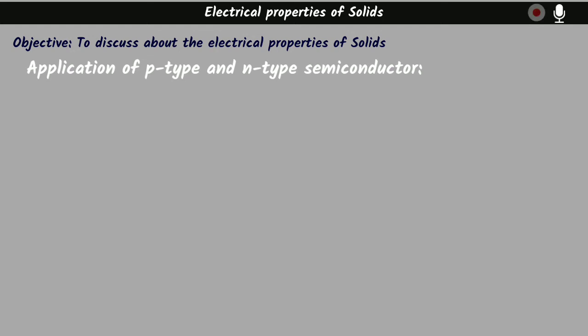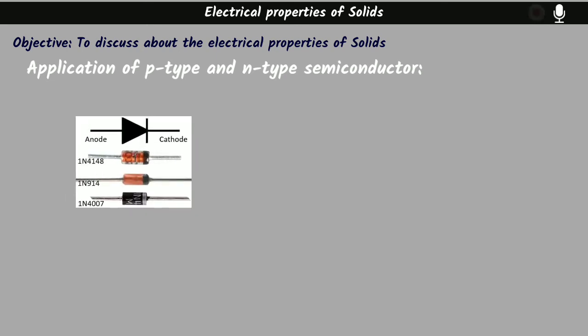So now let us discuss the applications of n-type and p-type semiconductors. We can combine the n-type and p-type semiconductors in different ways to prepare some electronic components. There are many electronic components, like the most important ones, diodes and transistors.